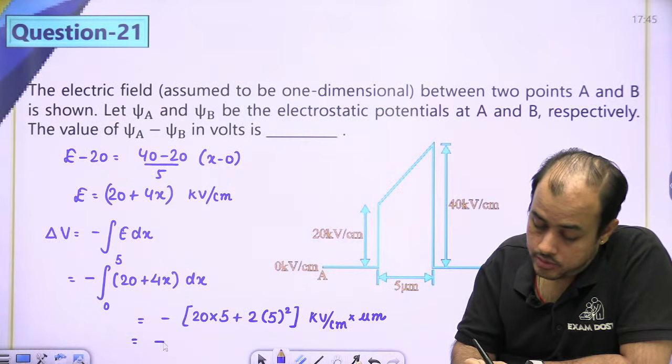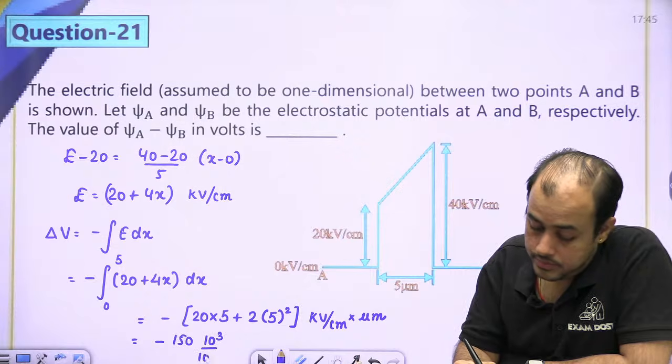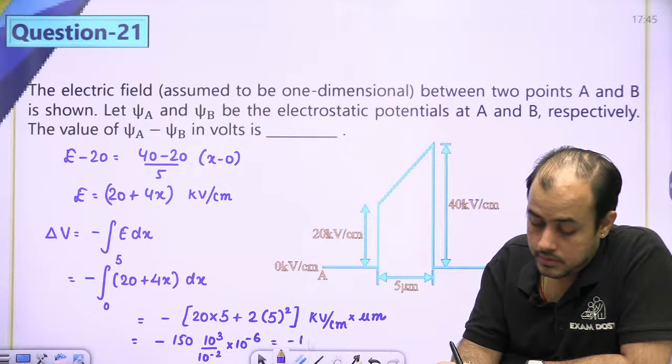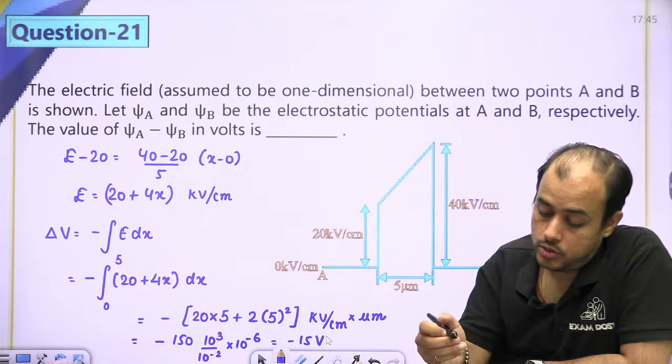Okay, minus 100, 150, 10 to the power 3, minus 15 volt.